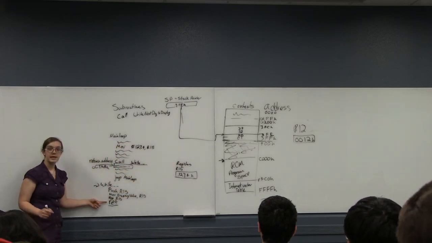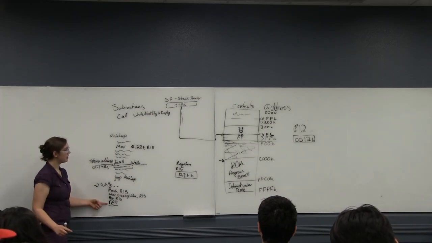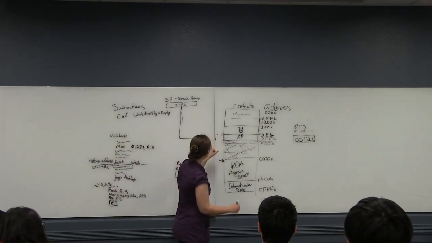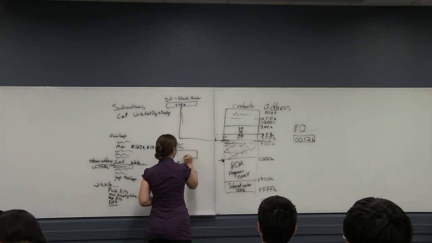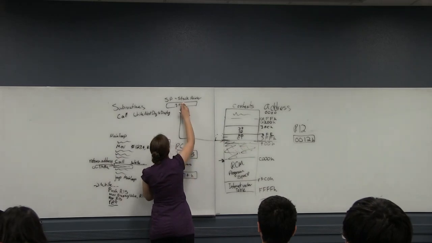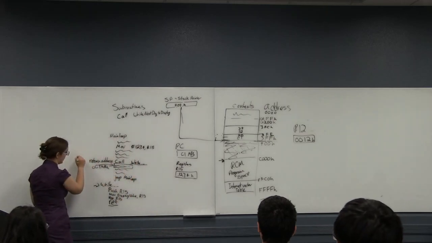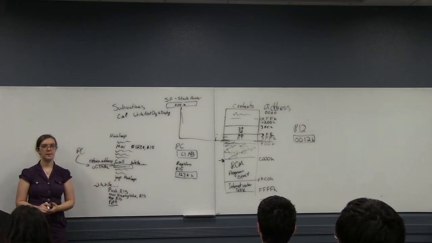And then the next instruction, the return from interrupt, then pops this off the stack again, puts the value in the program counter, and then the program counter again points right here. And then we're done with this subroutine.